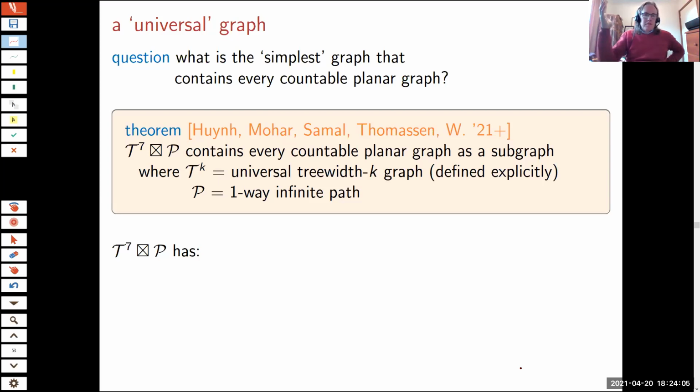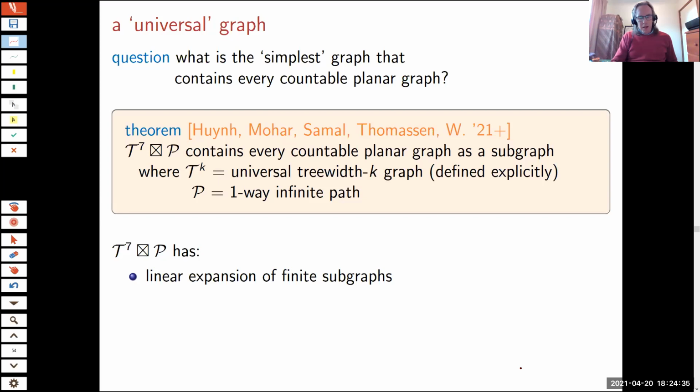I mean, so what? You could take an infinite complete graph that contains every countable planar graph as a subgraph. Is this interesting? Well, I claim that T7 times P actually does have many of the core properties of planar graphs. It's definitely not planar, and it must have an infinite complete minor, but it still has many of the properties of planar graphs. Now, these are some of the properties. Some of you might know these definitions, some of you not. It has linear expansion of finite subgraphs.